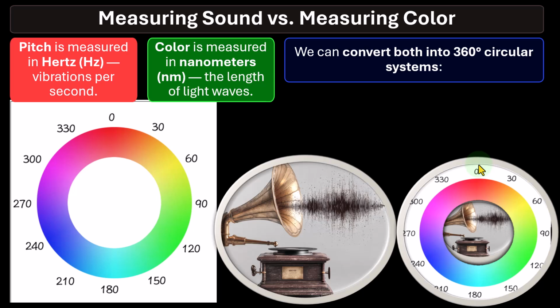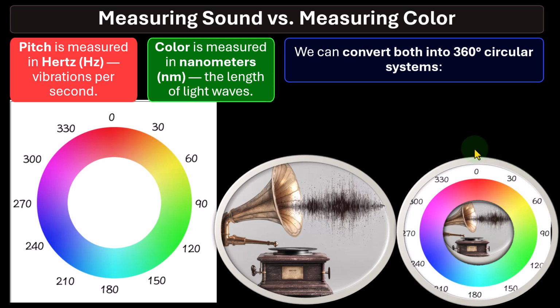Once we map it onto a circle, we can basically treat it like a clock. We can choose 12 equally distanced points on the circle, which will give us the equivalent hertz versus the equivalent amount on the color wheel, which would be 30, 60, 90, 120, 150, 180, 210, and so on.